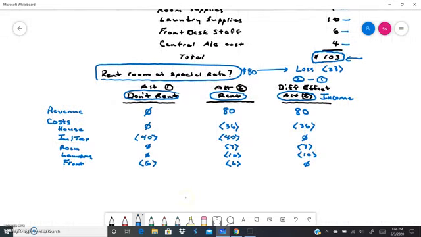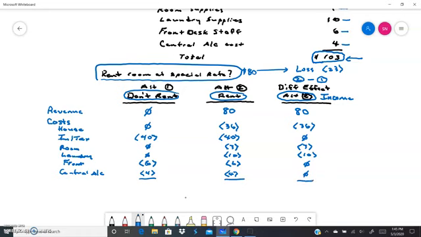And finally, the central air. Whether we rent the room or not, we're still going to incur central air conditioning costs. We're still going to be cooling the entire hotel, whether we rent the room or not. So that's going to be a cost regardless of whether we rent the room. So there again, 0 costs.